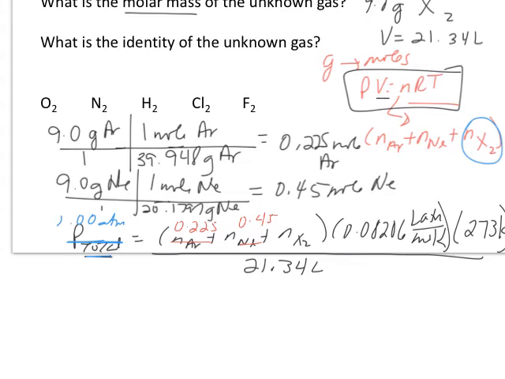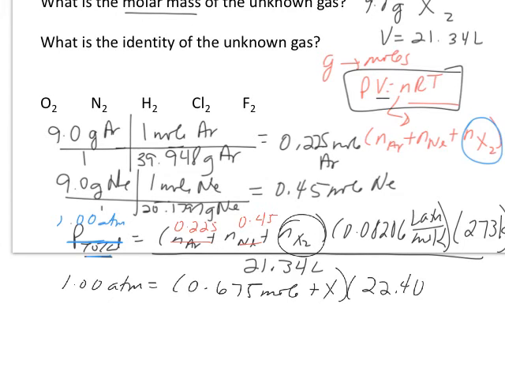You get 1.00 atmospheres equals, go ahead and add these together, 0.675 mole plus X, we'll just turn that into X, because it's our unknown, times, you multiply these two terms together, you get 22.40.